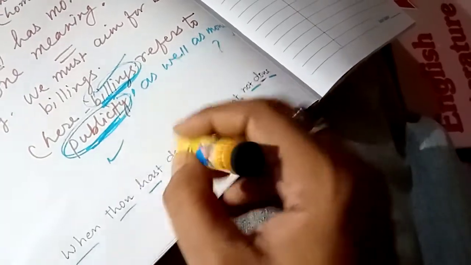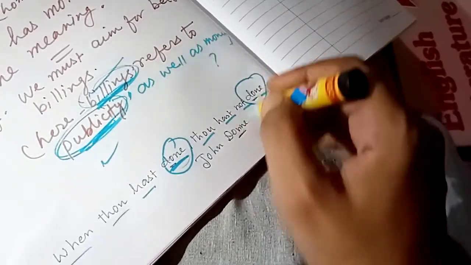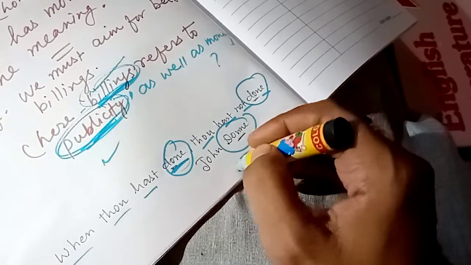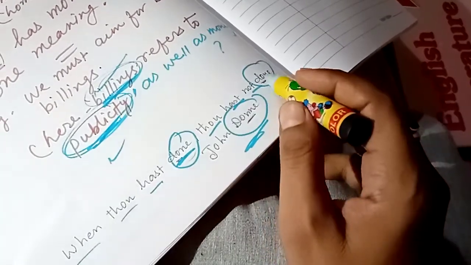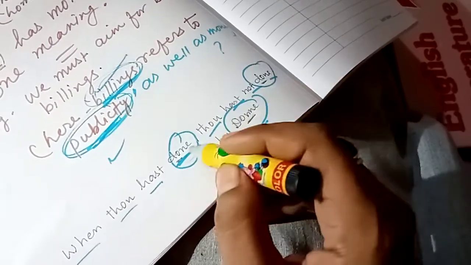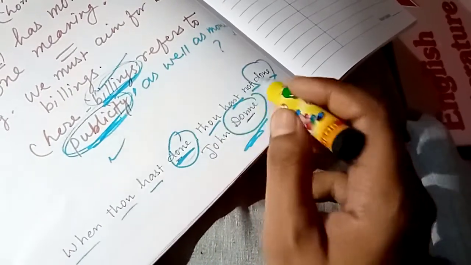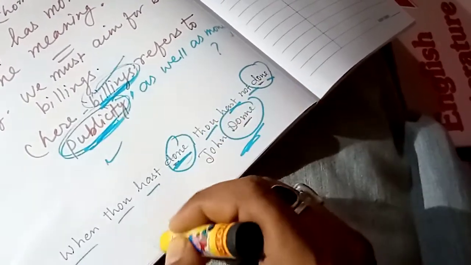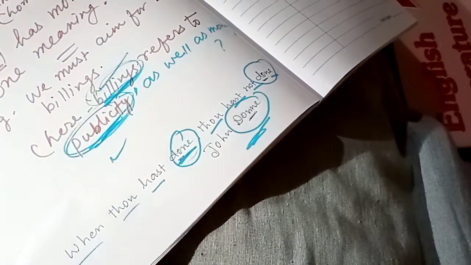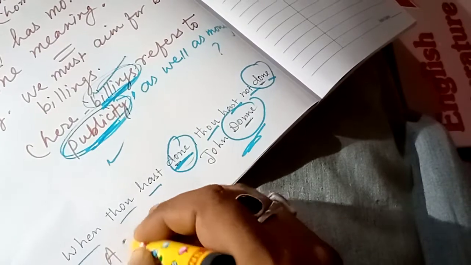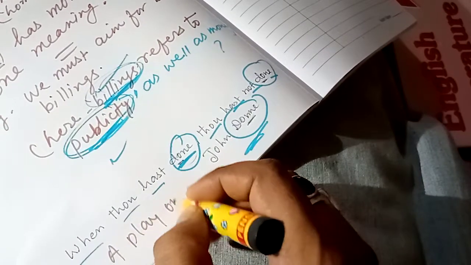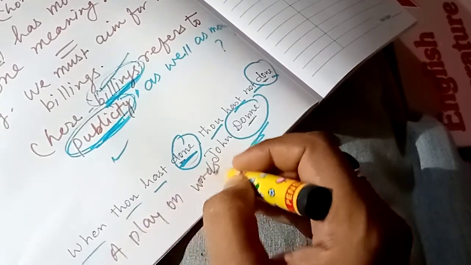See the use of done, and his name is also Donne. So this Donne, as his name, the same sound is used here as D-O-N-E. So it is playing with words. So this is a play on words.